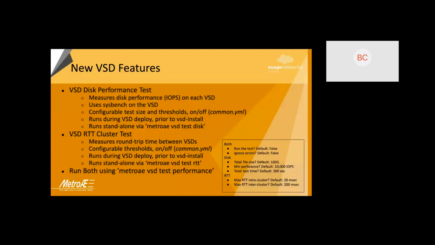It is set up such that if you enable it, it will run during the VSD deploy step, right before the VSD install is done. And you can also run it standalone via a command, MetroAE VSD test disk.